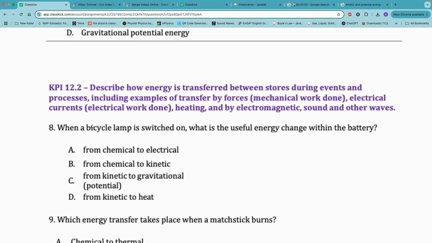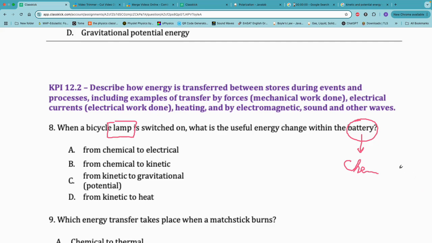Okay. When a bicycle lamp is switched on, what is the useful energy change within the battery? So mainly this point talks about conservation of energy, or how energy can be changed from one form to another form. We know inside the battery the type of energy is chemical energy.